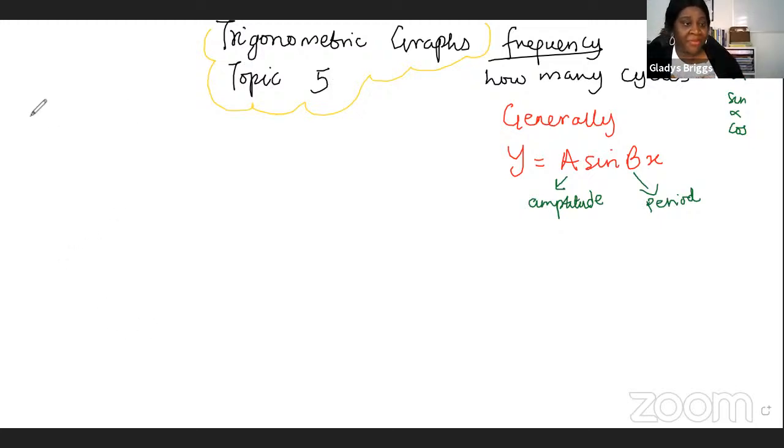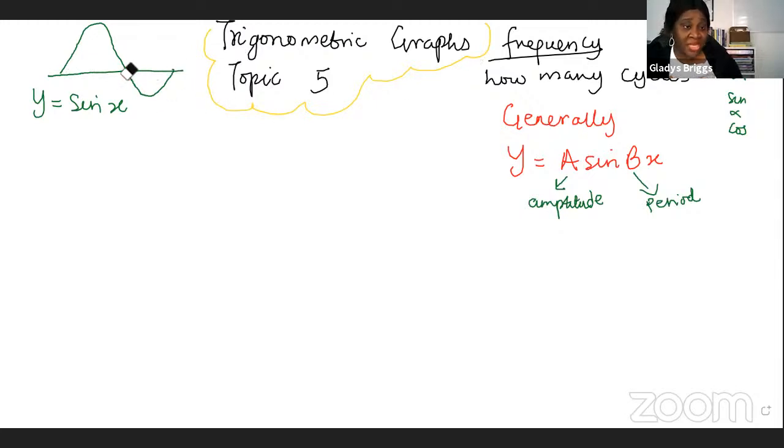So if we have y is equal to sine x, then the sine graph looks like a hill. It starts from the bottom and goes up, comes back down, just like that. I'm going to make a sketch of that for you now so that you see how it works.